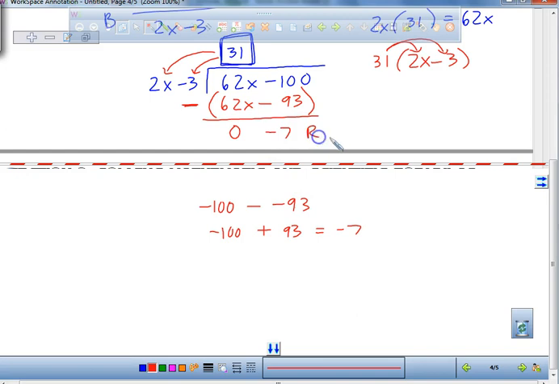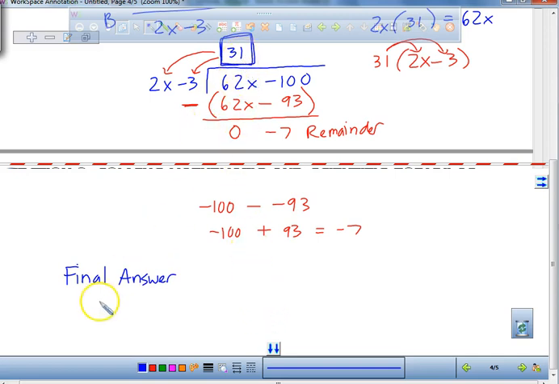We have our first remainder, everybody. So how do we write our final answer? How many whole times did it go into it?